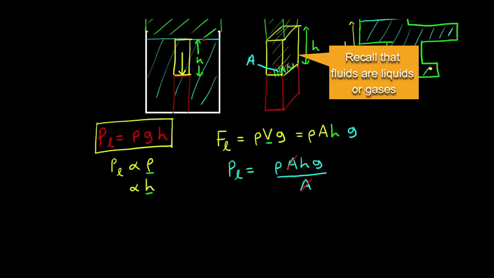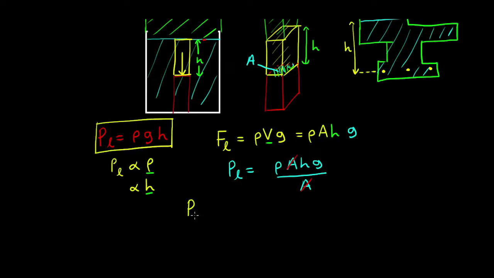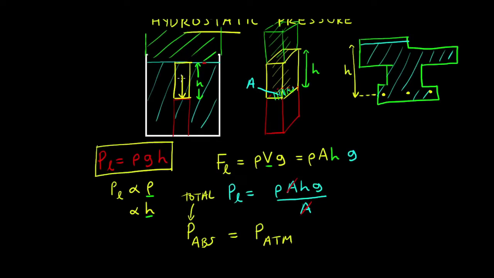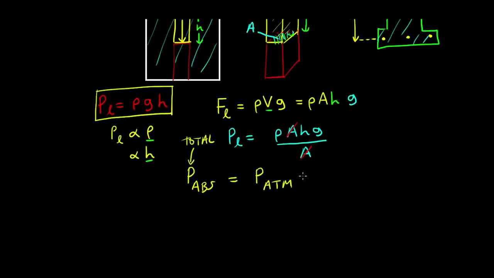So effectively we write the net pressure, the total pressure or the absolute pressure. Okay, so this total pressure is equal to the atmospheric pressure, which is the pressure that the air is exerting on top of the fluid, plus the gauge pressure.